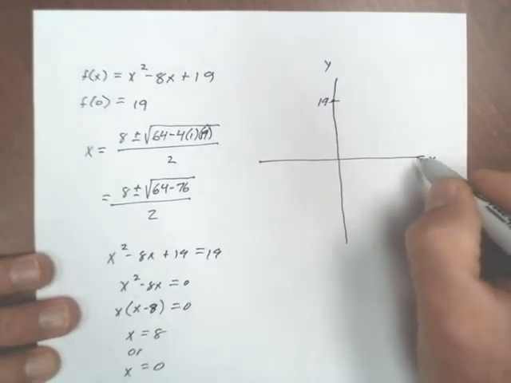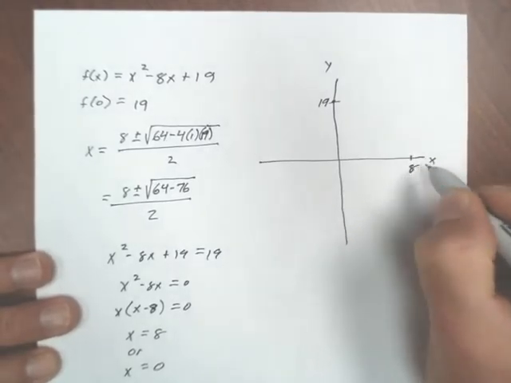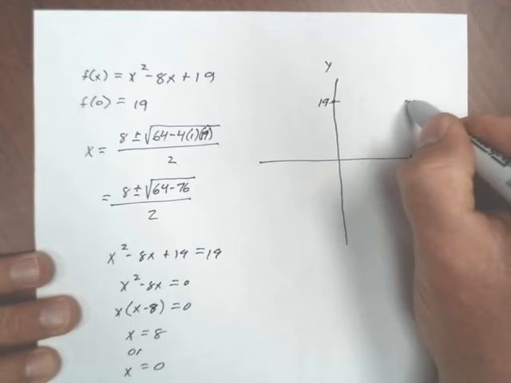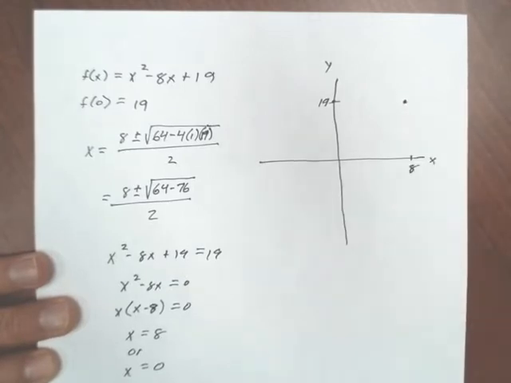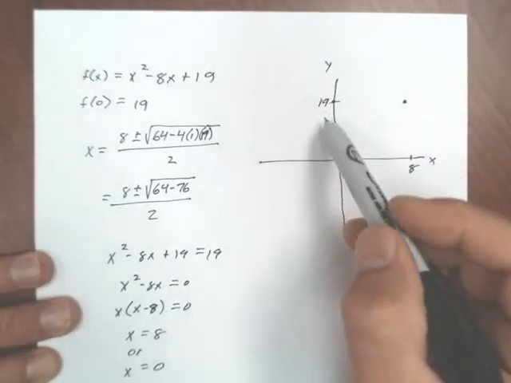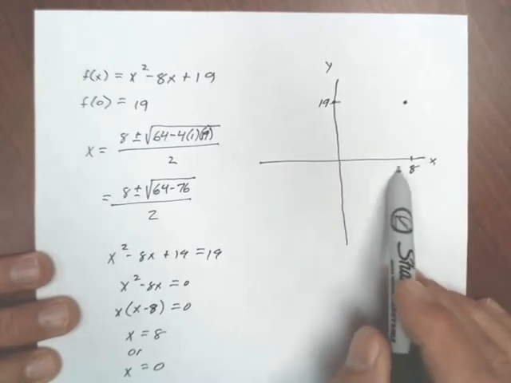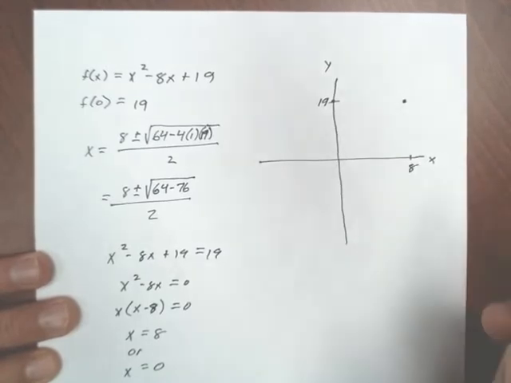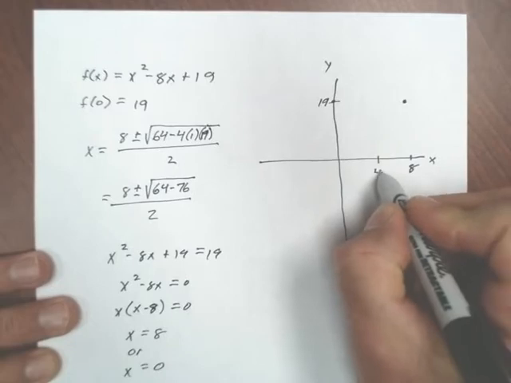Okay, so over here at x equals 8, that is our other intercept, so to speak. So this function's going like this, then our axis is where? It's between the origin and 8, which is at 4.